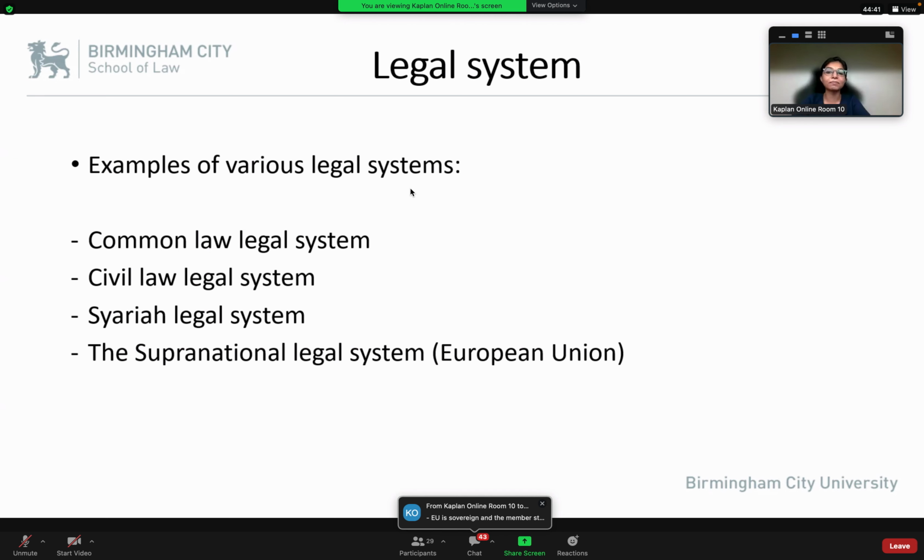EU is above them. Whatever laws which are passed by the European Union, it is mandatory to be applied in member states. So they got 27 member states. All 27 member states must follow whatever EU laws are. That's the supranational system. So the European Union creates a supranational system. The institution is above. All other states must comply with the rules. Okay?